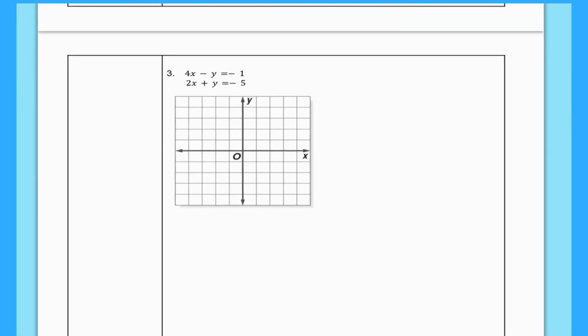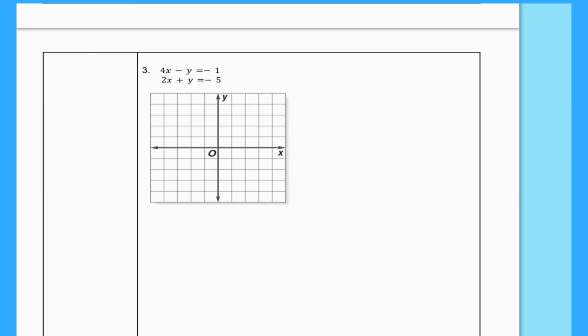Okay, number 3. On number 3, neither equation is in slope-intercept form, so we have to rewrite both of those equations. So let's do this equation first. That's going to be 4x minus y equals -1. And we are going to rewrite that. So minus the 4x, we always want to do the opposite.